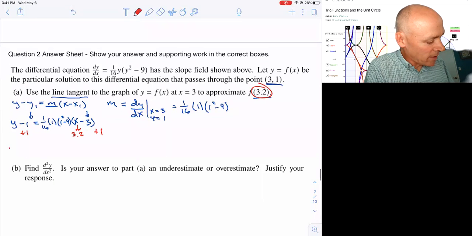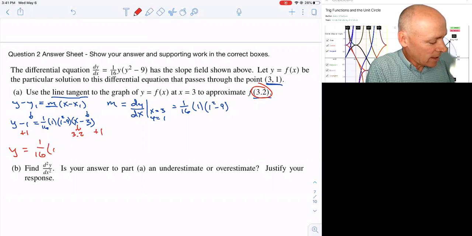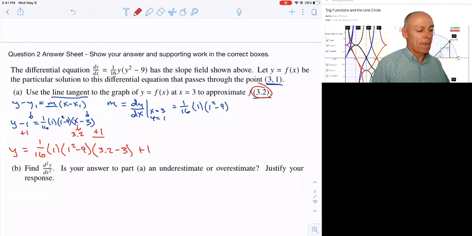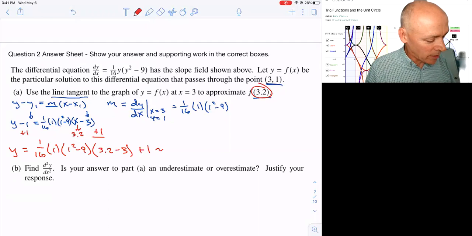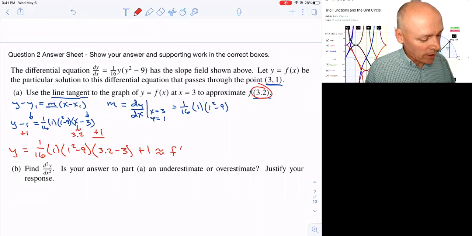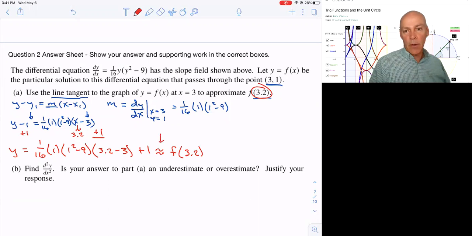So I'm just going to write this, y is equal to 1/16 times 1 times 1 squared minus 9 times 3.2 minus 3, don't forget, plus 1. And I'm done. That's my approximation. If I want, I can write approximately, using the approximation symbol, approximately f at 3.2. I don't want to use an equal sign there. I want to use approximate.